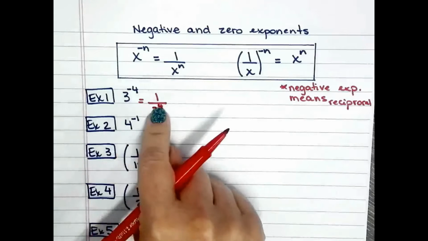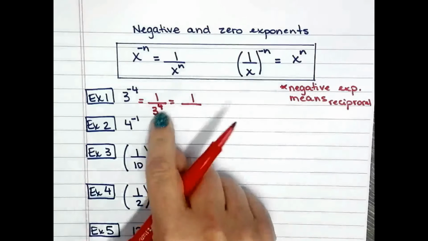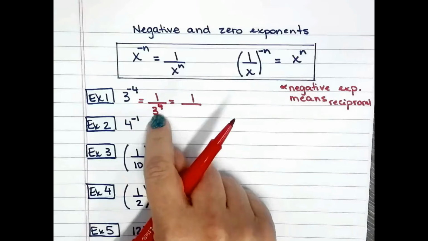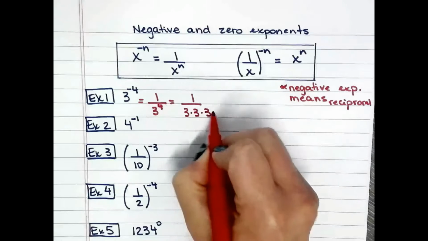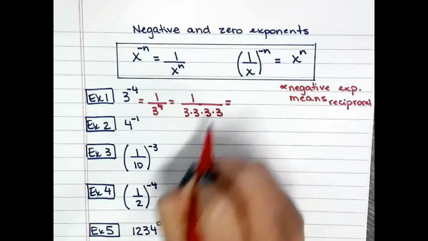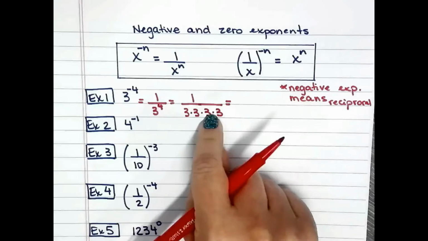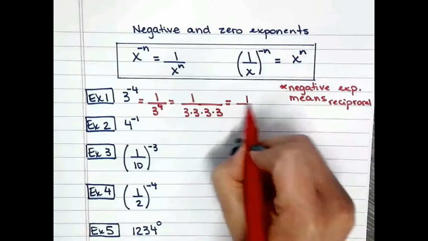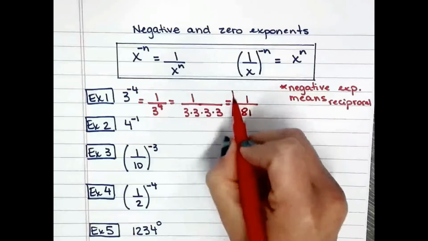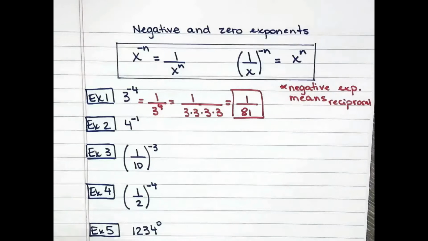From the other videos, I know that 3 is going to repeat itself 4 times, so I have 3 times 3 times 3 times 3. And I also know 3 times 3 is 9, 3 times 3 is 9, 9 times 9 is 81. If you don't believe me, that's fine. Put it in the calculator. How do you do that?